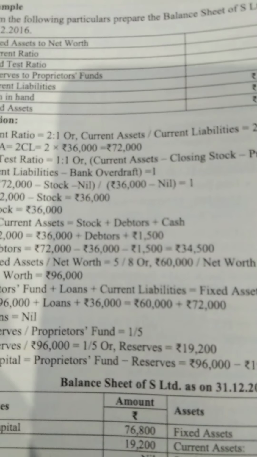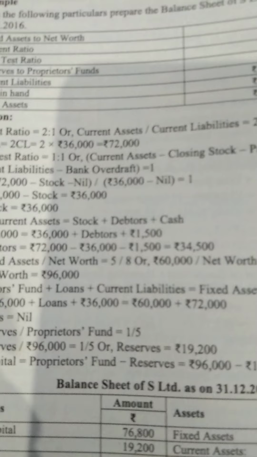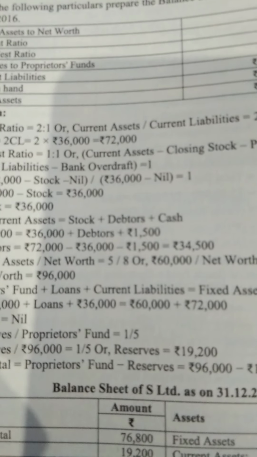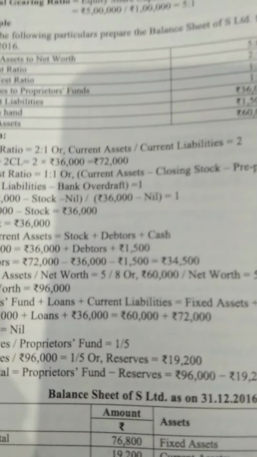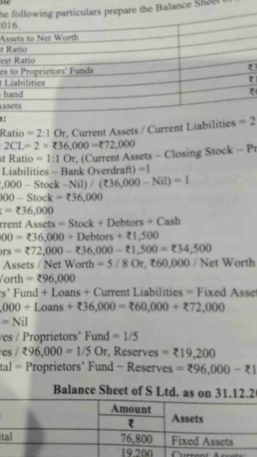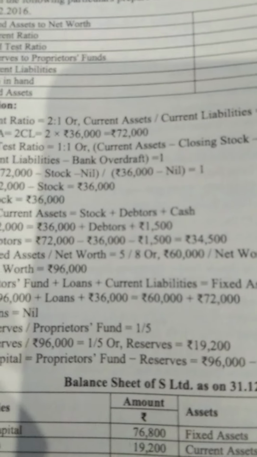Why? Because closing stock is very common to the nature of the business. There must be closing stock in 99% of cases, better to say 100% of cases. It may or may not have prepaid expenses, but it must have closing stock.